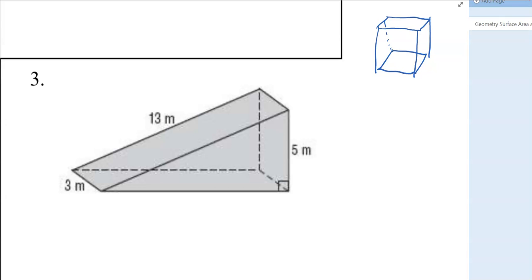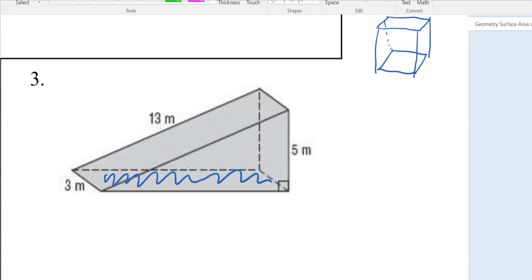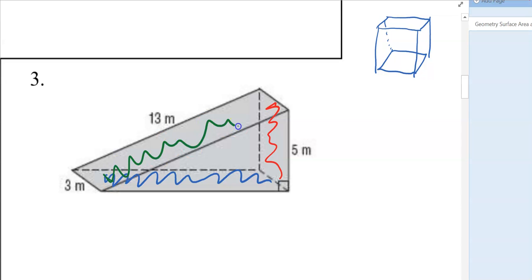What different shapes do we have involved in this? Rectangles, I would argue, not squares necessarily. I don't think any of them have all 4 sides the same, but okay, rectangles. How many rectangles are being used to make the figure in number 3? 3 rectangles, okay? We have one along the bottom right here, and then we have a different one along the side and a different one along that slanted edge, okay?